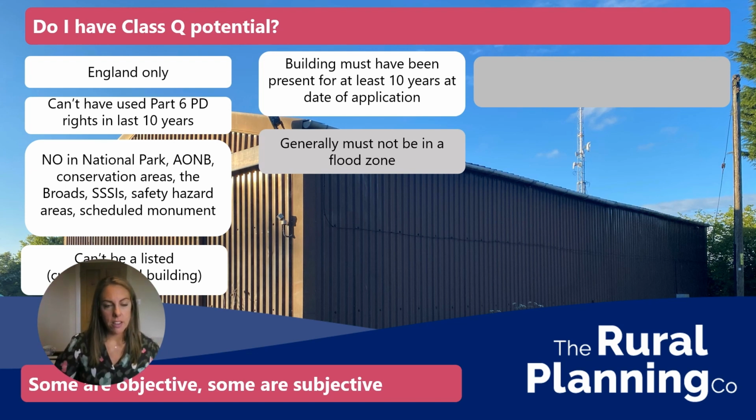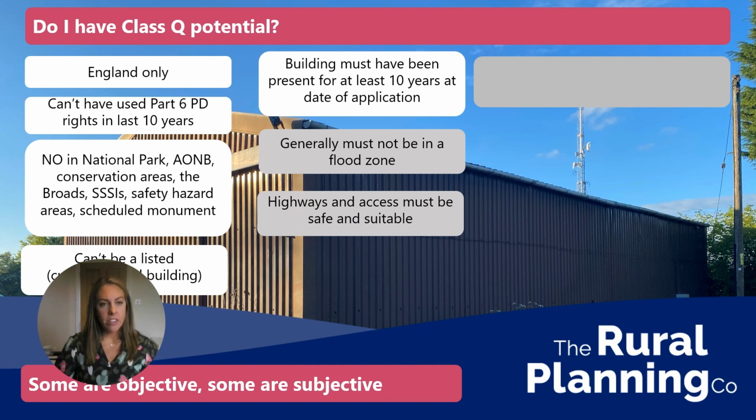This is one of the things that the local authority do go through and check in the prior notification process. So again, if you're out of a flood zone, then happy days. If you are in a flood zone, it still might be worth talking to us, because I have seen one or two appeal decisions where people have managed to overcome the flooding issue, but it can make life considerably more difficult.